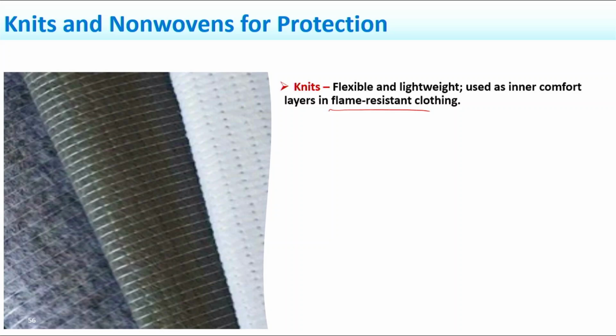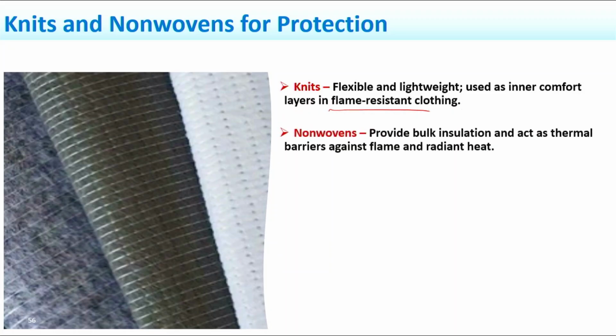So, for the inner layer knit fabric may be used. The advantage of nonwoven is that it is high bulk, so insulation is very high and that is why it can be used in the inner layer, acting as a thermal barrier against flame and radiant heat.